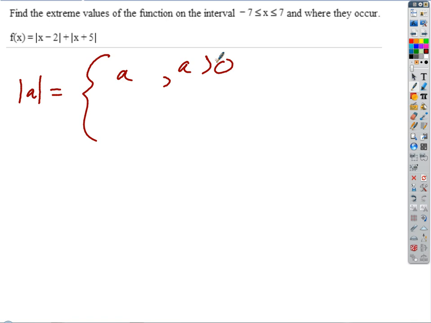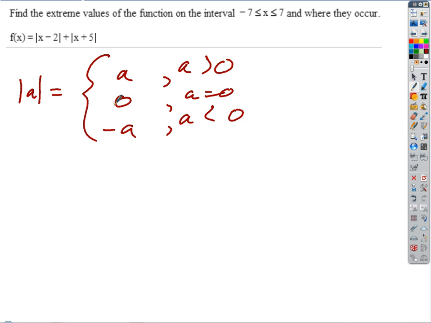It just leaves it alone. On the other hand, when A is negative, the absolute value function makes A positive by multiplying by -1, right? And then in between, when A equals 0, it has the value of 0. So we always want to apply that piecewise definition to absolute value functions.